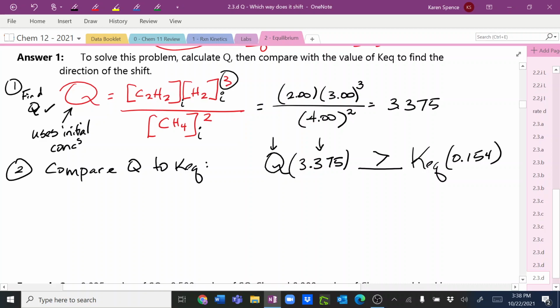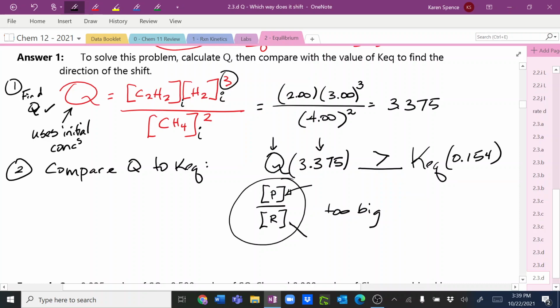Remember that Q and KEQ are both products concentration over reactants. And if Q is bigger than KEQ, then this ratio is too big, which means we need to make the numerator smaller and the denominator needs to get bigger. That'll make the number smaller.